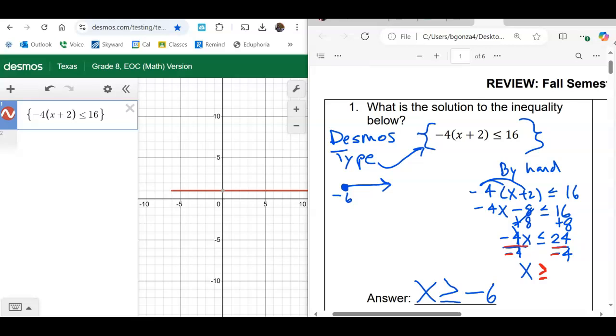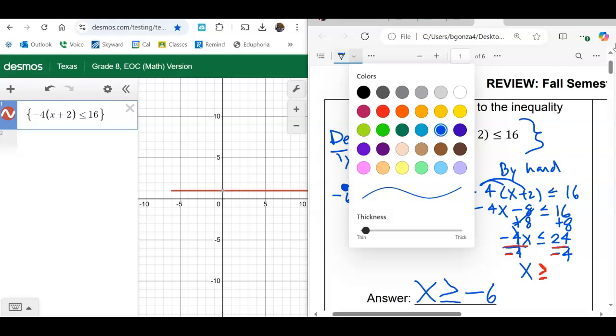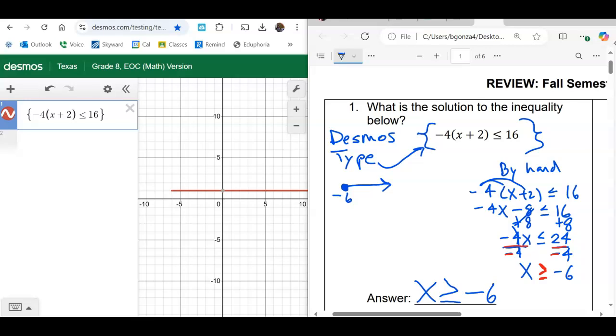Very, very important. And 24 divided by negative 4 is negative 6. So no matter how you do it, using Desmos or solving it by hand, two ways. I suggest Desmos. It's a little bit easier.